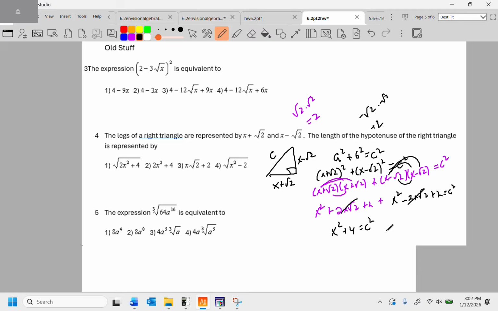And I'm a little confused here because I don't see that. Which means that the author of this question has probably made a mistake.